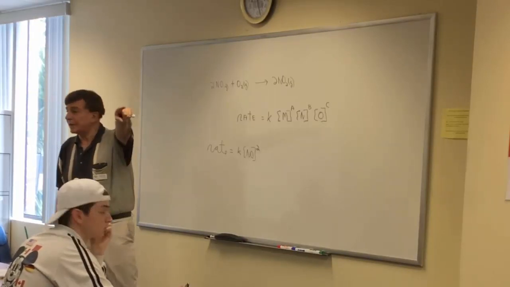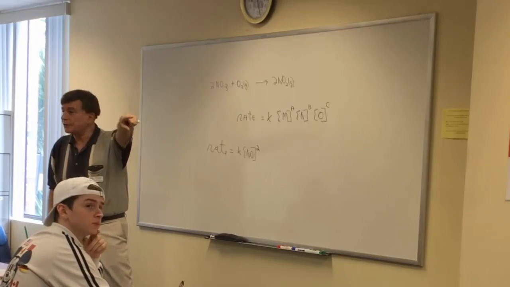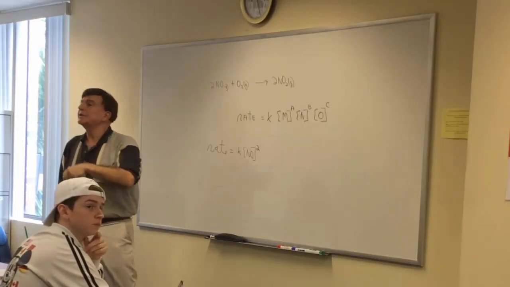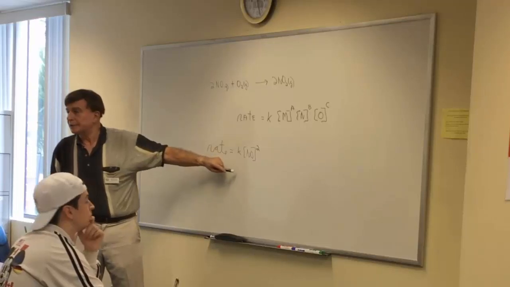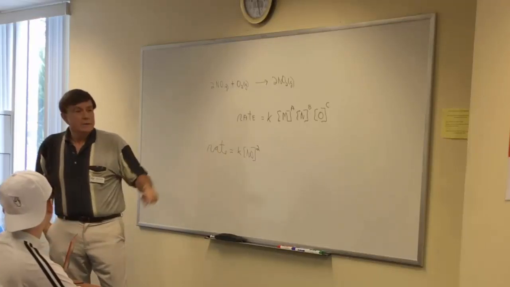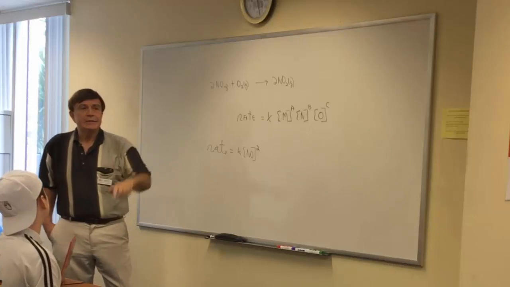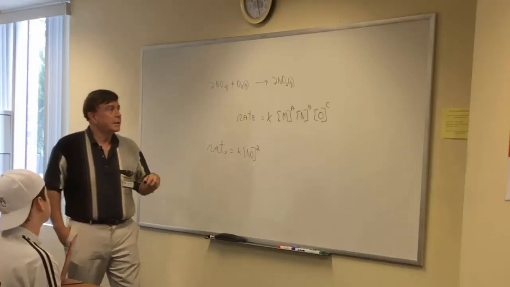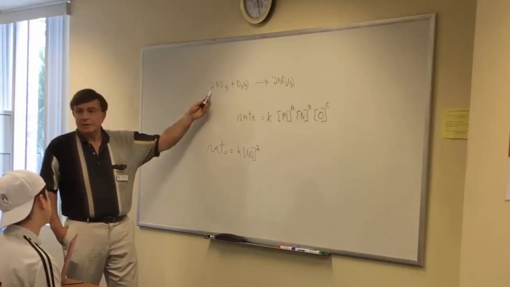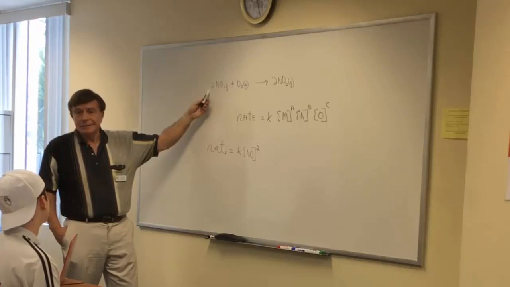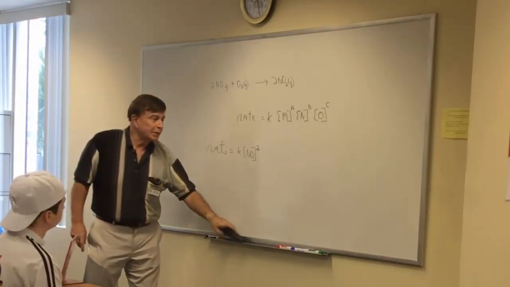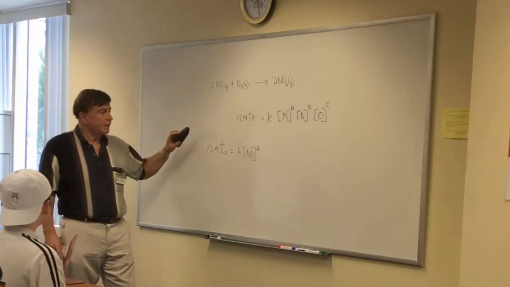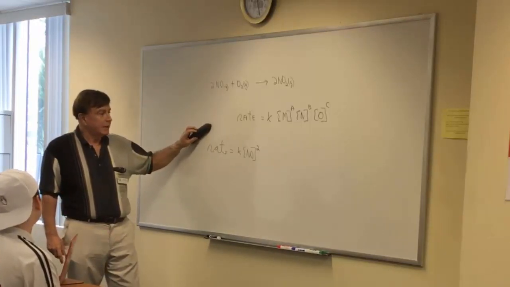They'll say it's going to be first order in each of the two reactants. I'll get into that, but right now I just wanted to give you the generic description of what the rate law means. This is the power, and as I said to you, in this case, it is equal to the coefficient. It's not always going to be true. So that's what the generic rate law equation means, okay?